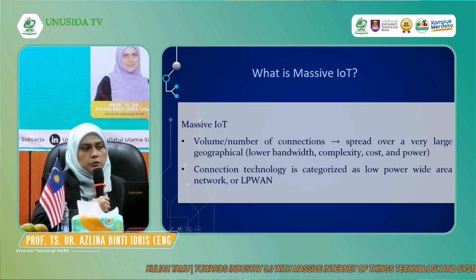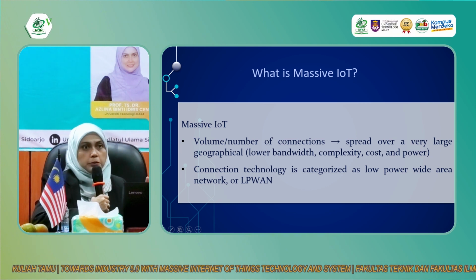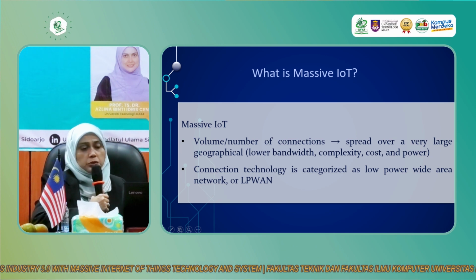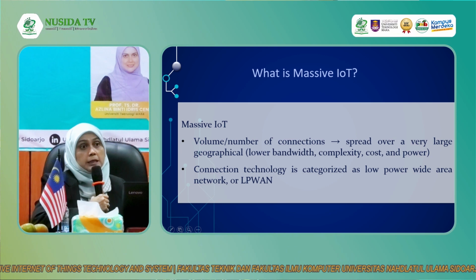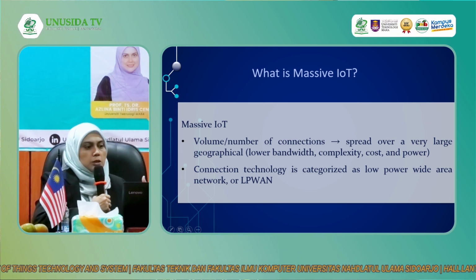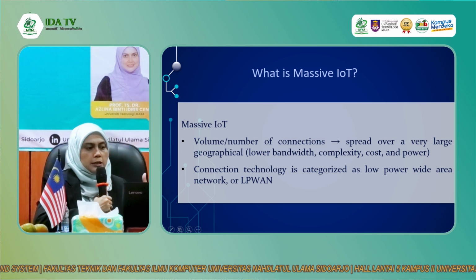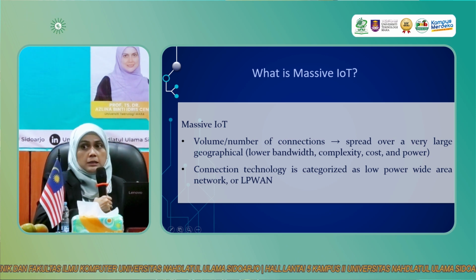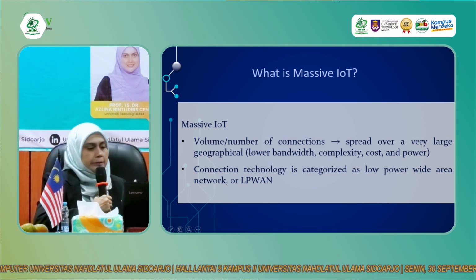You can see that over here there are 4 benefits of using massive IoT. So can produce a lower bandwidth, can reduce complexity, can reduce cost, and also can reduce power. Of course, once we reduce power, automatically we can reduce the cost. So connection technology is categorized as low power wide area network. So the type of connection that is used for massive IoT is low power wide area network, LPWAN.